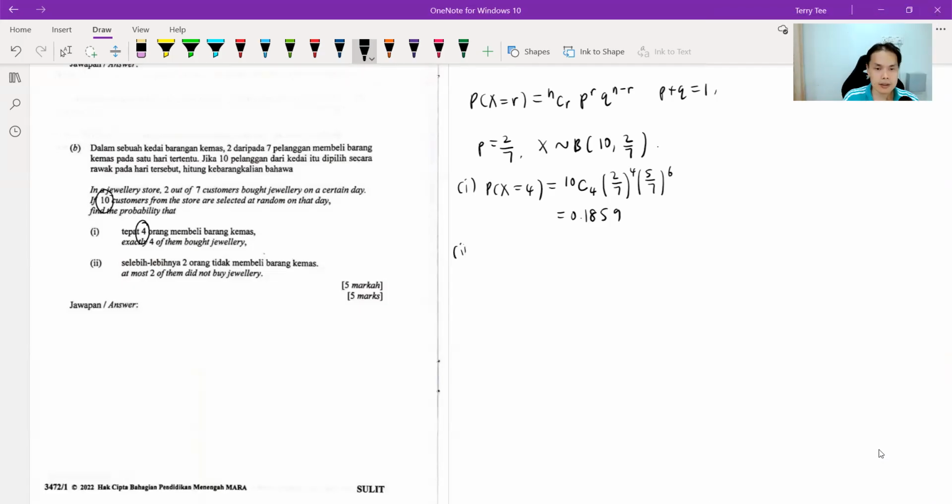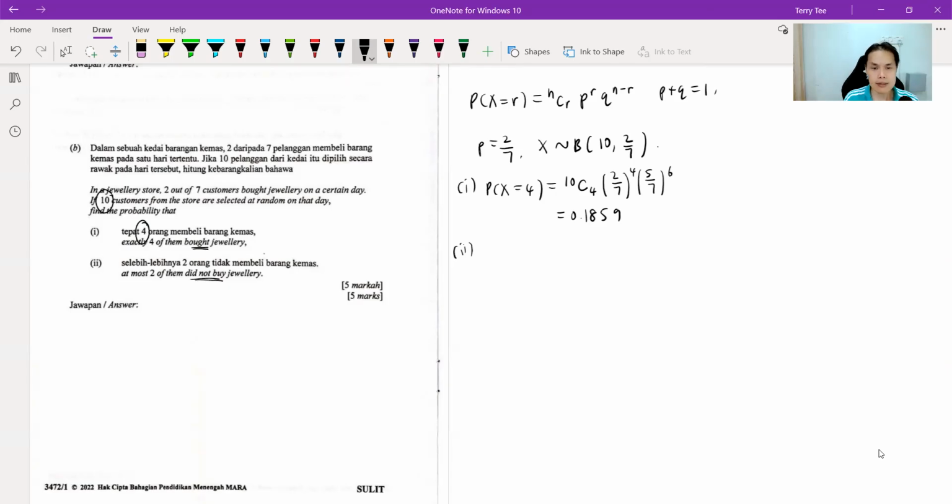Okay. Now, one thing I need to know, be careful with this, because part A, we are talking about 4 people actually bought. Part B, we're talking about at most 2 did not buy. So now your probability will change, right?